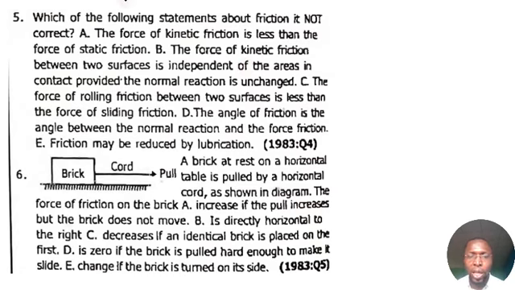Which of the following statements about friction is not correct? This time around, we have to tell the one that is not correct. Option A, the force of kinetic friction is less than the force of static friction. Yes, that is true. We said there are two types of friction, the static friction and the kinetic friction. Please note that the kinetic friction is always lesser than the static friction.